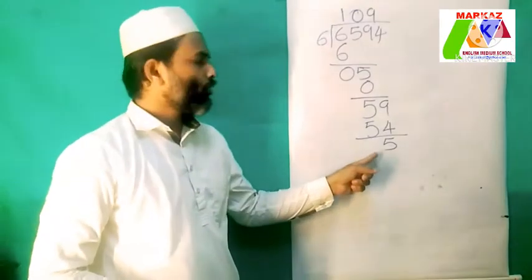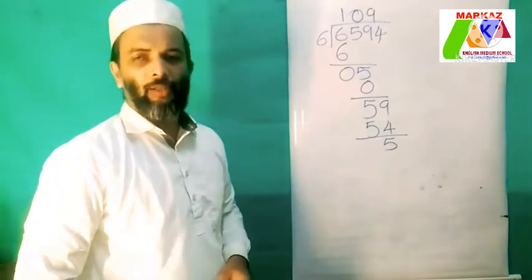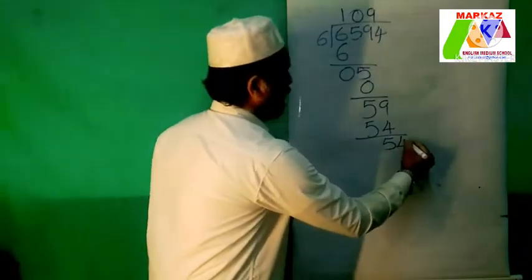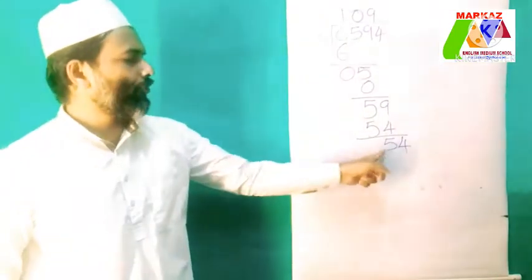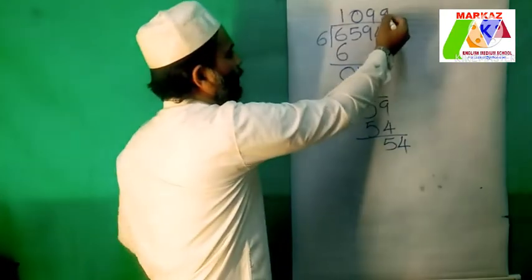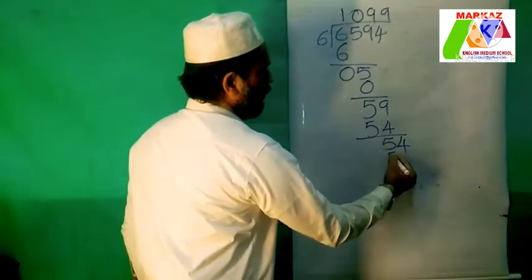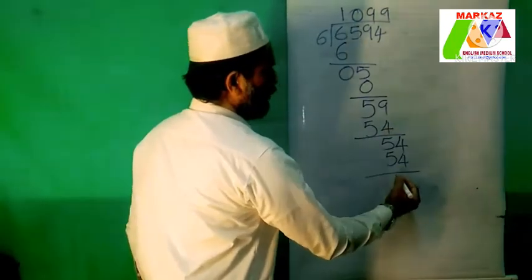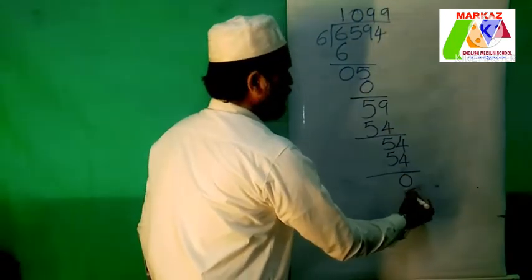The dividend is smaller than the divisor. So, bring down next digit. It is 4. How many 6 in 54? 9 times. Then multiply 9 into 6, 54. 54 subtract from 54. Answer is 0.